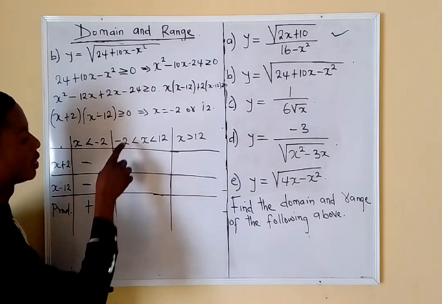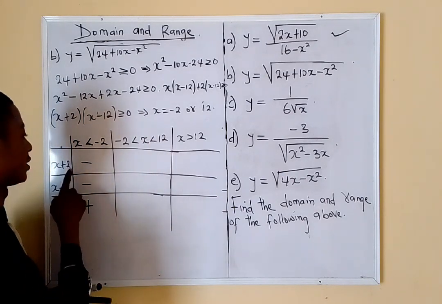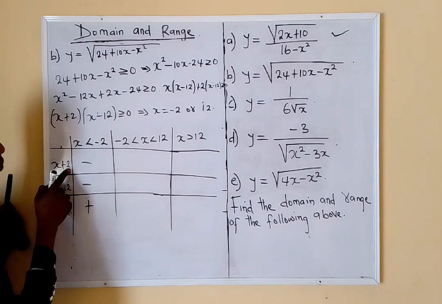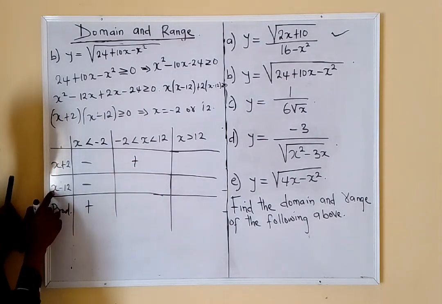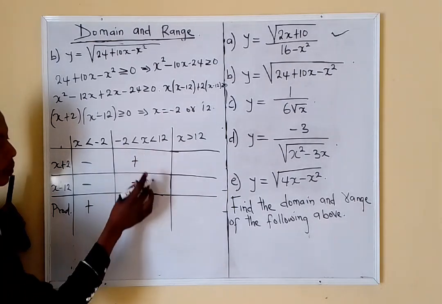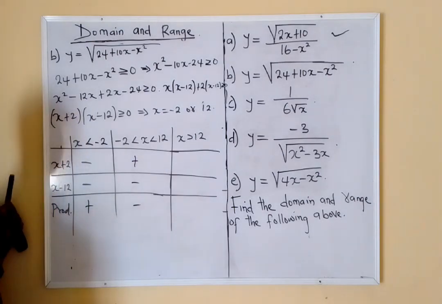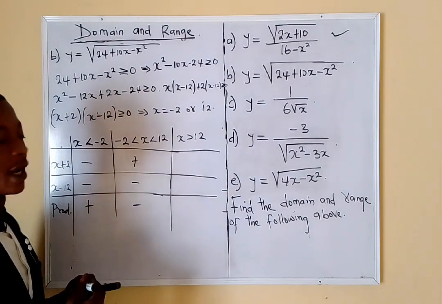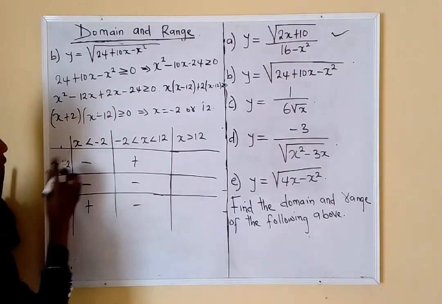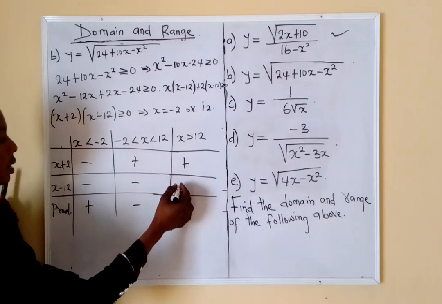Lastly, we have x is greater than 12. Numbers greater than 12 are numbers like 13, 14 continuously. So here will be positive, here will be positive, and here will be positive. Now, the symbol we are using here is greater than or equal to. So greater than or equal to is telling us that we are taking the two positives.